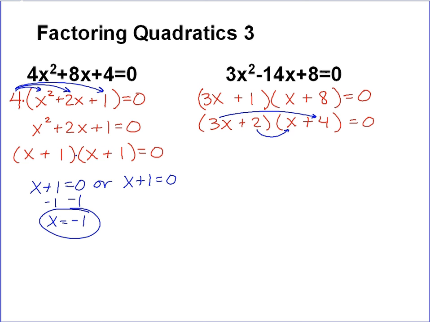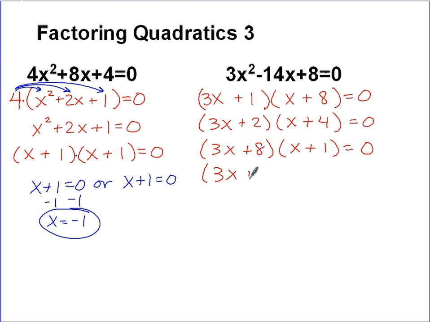So I have some other choices about how I can write this. I can also go 3x plus 8 times x plus 1, or 3x plus 4 times x plus 2.